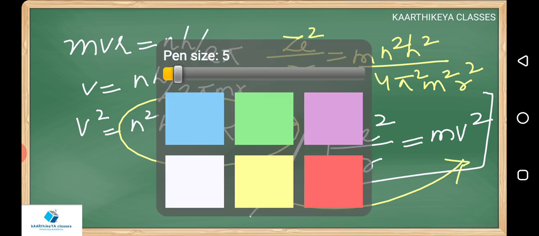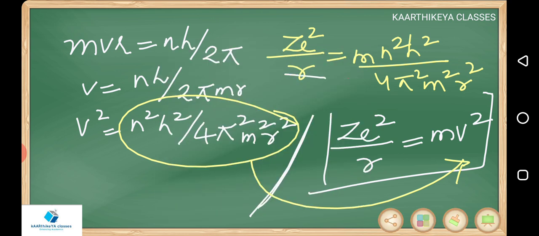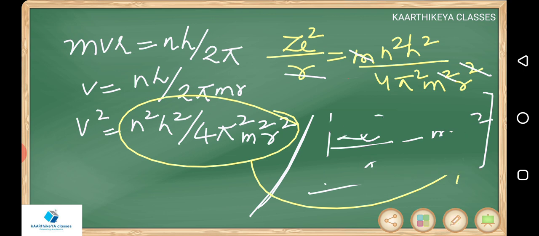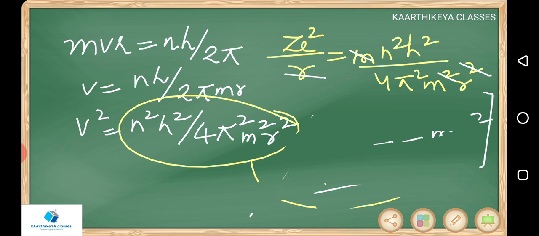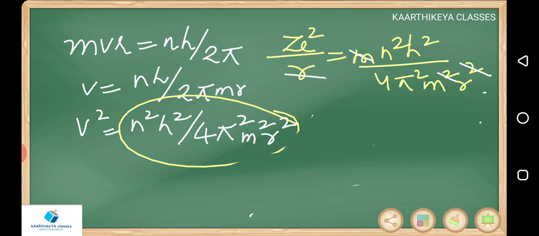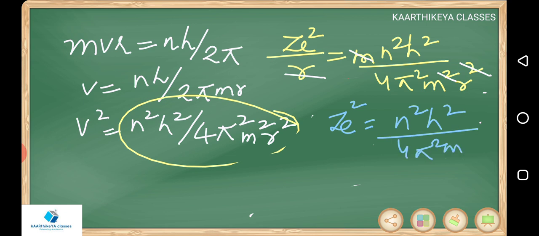What are the things that you can cancel? r square and m square you can cancel. So what is finally remaining there? Z e square is equal to n square h square by 4 pi square m r.